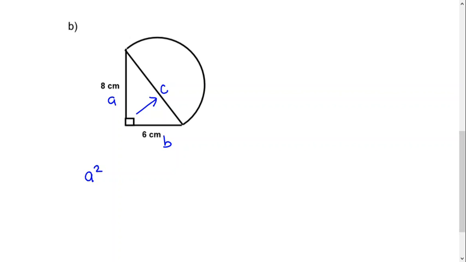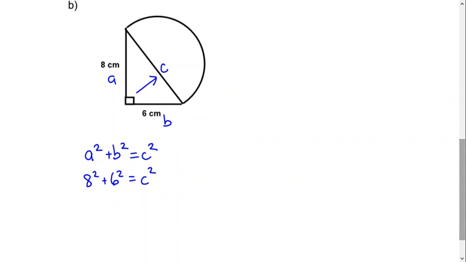Pythagorean theorem says that a squared plus b squared is equal to c squared. I'm going to substitute my values for a and b. So I have 8 squared plus 6 squared is equal to c squared. 8 squared is 8 times 8, which is 64. 6 squared is 6 times 6, which is 36. And that's equal to c squared.